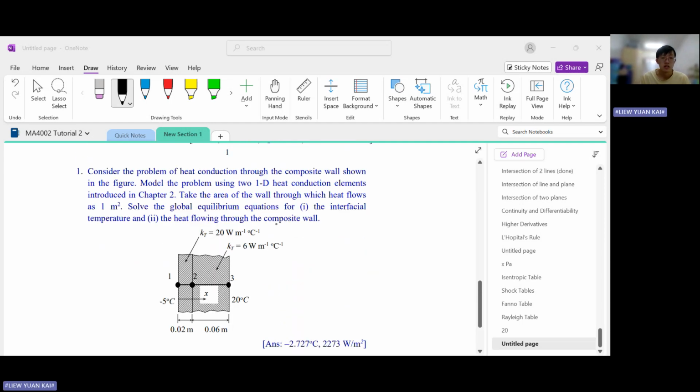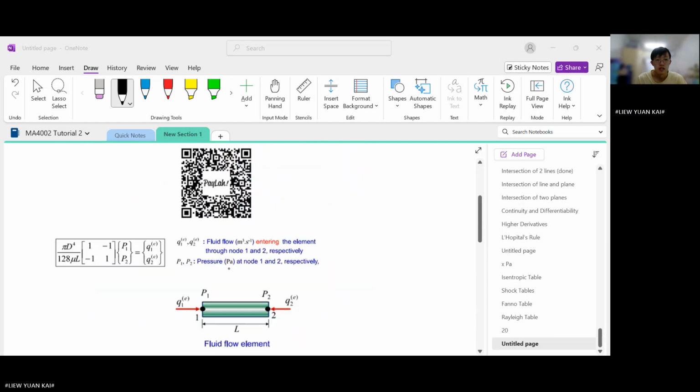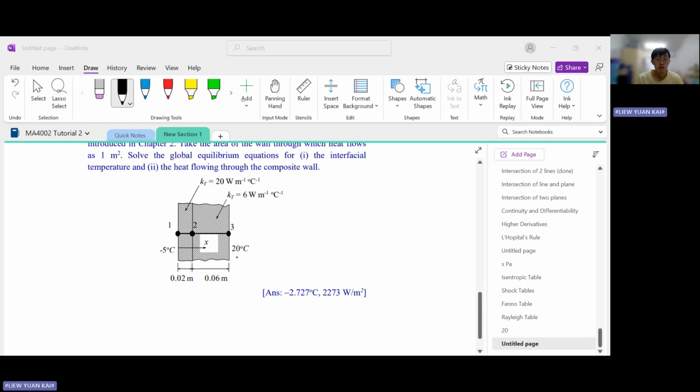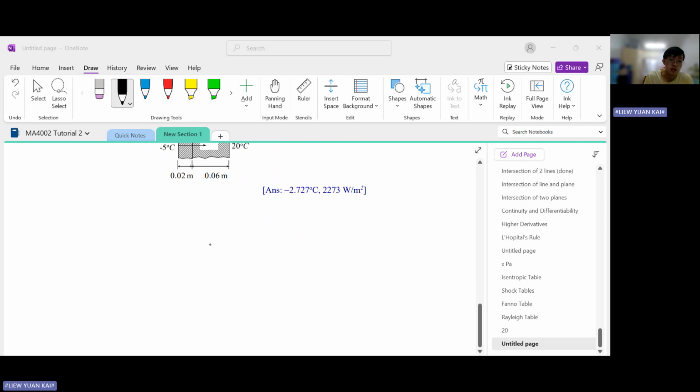Okay, great. So we're not dealing with a spring problem here. So instead, what will be the element equilibrium equation for a heat conduction problem? So it will look like this. For two temperature nodes, T1, T2, point nodes 1 and 2, if heat flows through the wall via conduction, we have the element equilibrium equation.